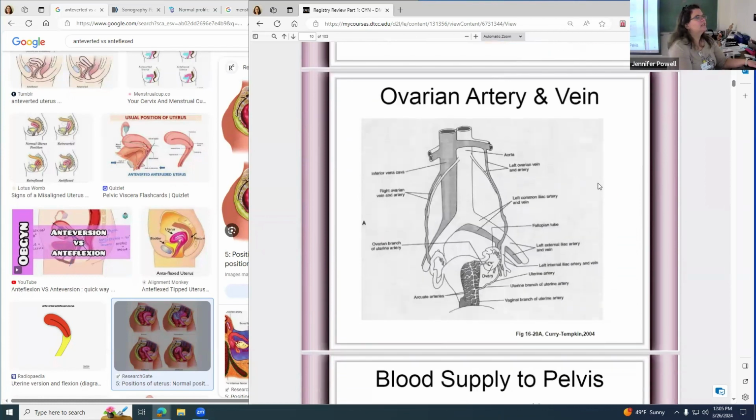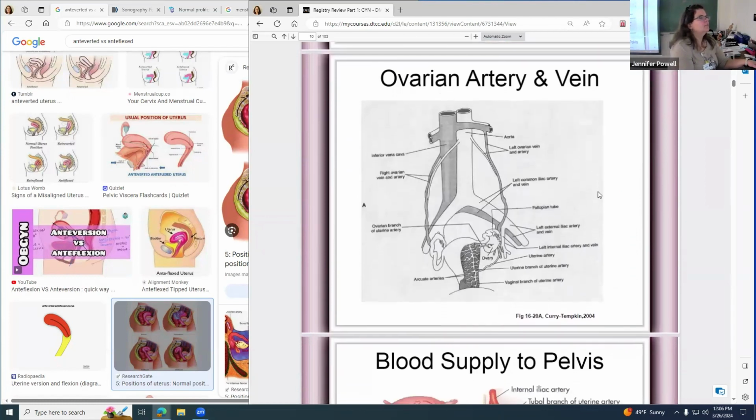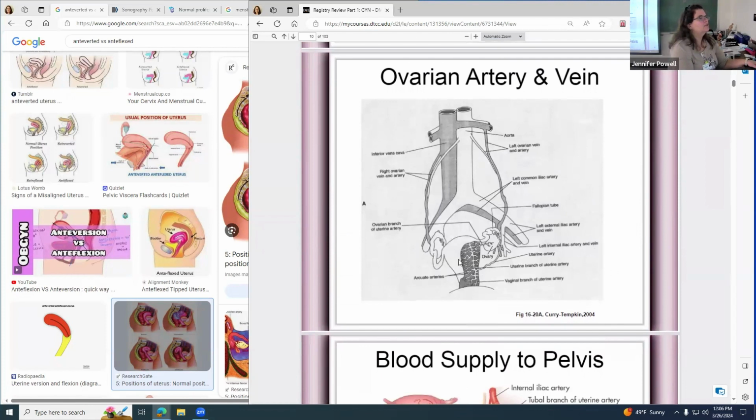And as far as vascularity goes, remember we have the uterine artery, which gives off several branches. So the right ovarian artery comes right off of the aorta, comes down and gives off some branches. So you have the ovarian branch, it's showing it over on this side, the ovarian branch of the uterine artery.